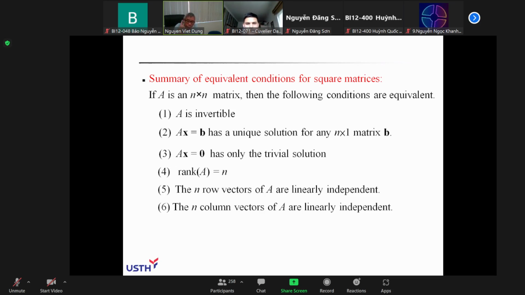The solution space has only one vector, meaning it has dimension 0. And the solution space has dimension 0 means the nullity is 0. Nullity is 0, then we have the rank of A equals n, because it equals the number of columns of the matrix A. That is what we studied already in a previous slide. So now I summarize some equivalent claims here.